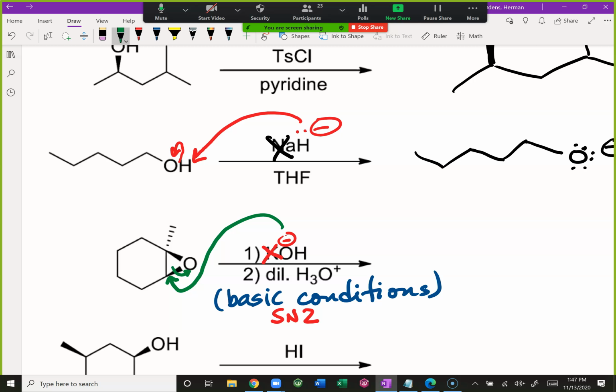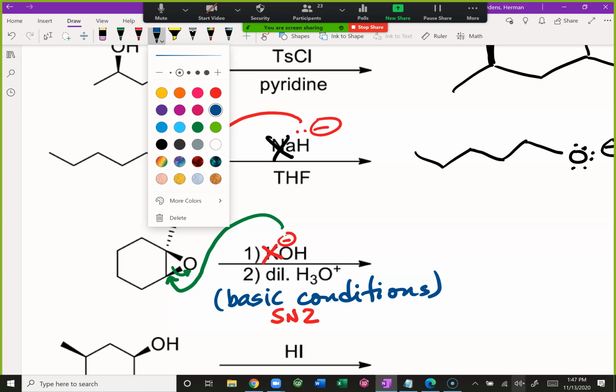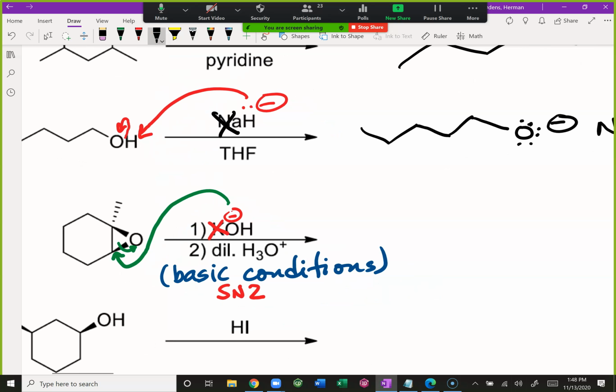Notice what's happening here to the stereochemistry. That's where you have to be careful. Draw your 6-member cyclohexane. Notice that this methyl stays down. The alkoxide opens up like that.